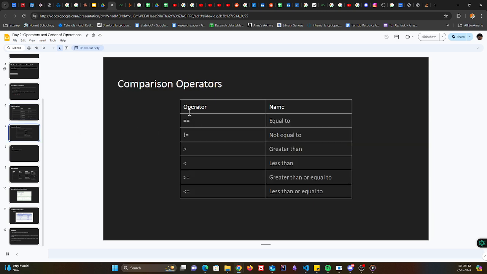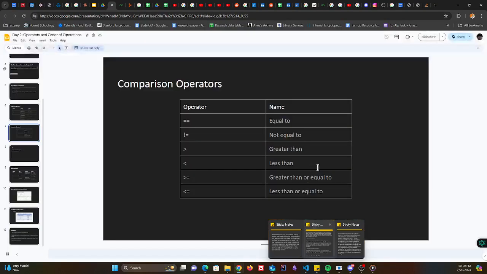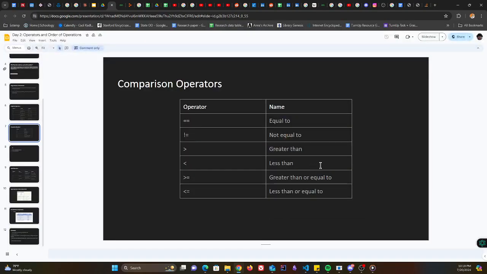And then comparison operators, really fun stuff. You'll see this a lot in if statements and loops like while loops, and it's basically comparing two different values. The double equals is basically equal to.